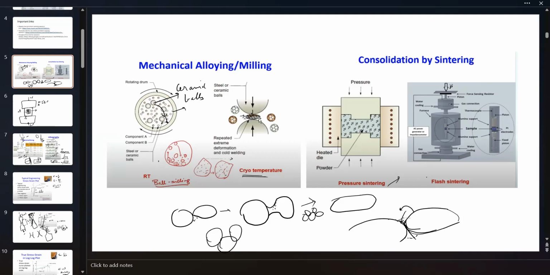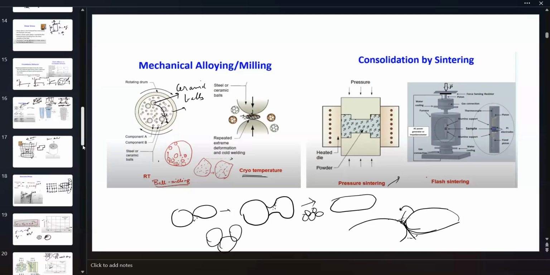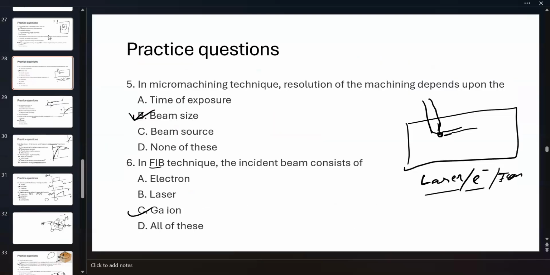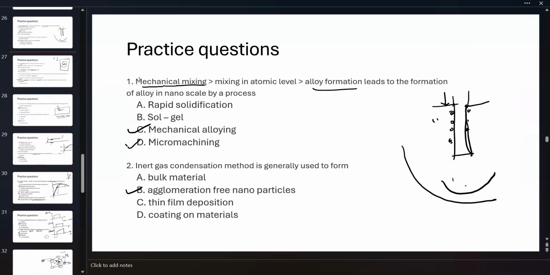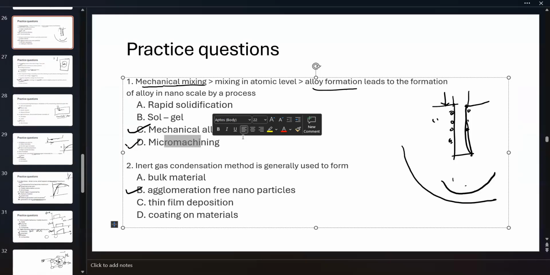Due to local heating, the diffusion will start, and the two materials will start forming a solid state alloy. You start with mechanical mixing, then slow diffusion, which is mixing at atomic level, and finally you get your alloy. This happens in mechanical alloying.